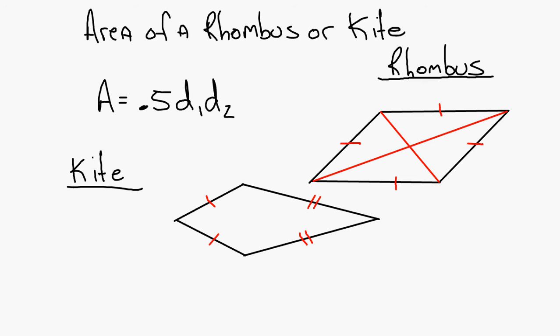And again, in the kite, these red lines would be the diagonals. They connect non-consecutive vertices. So 0.5 times diagonal 1 times diagonal 2. Any questions on any of that?